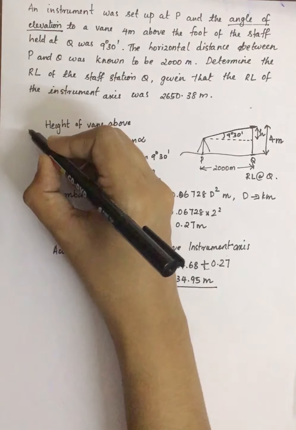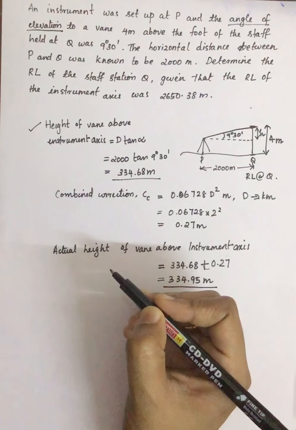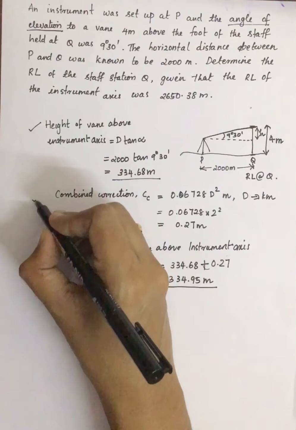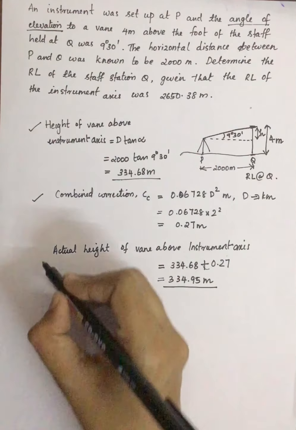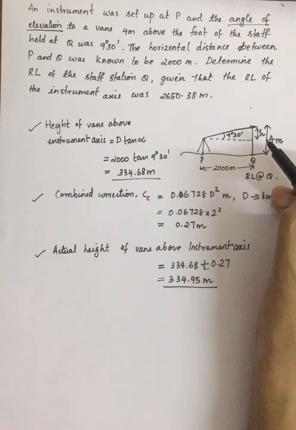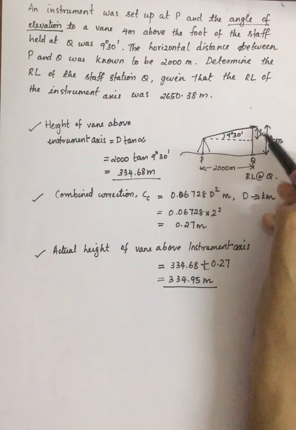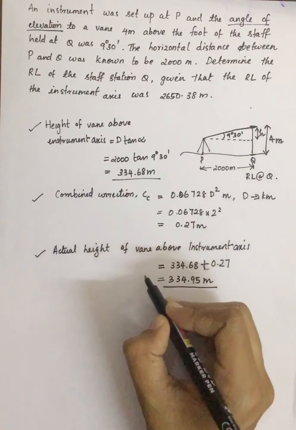So in the first step, calculate the height of vane above instrument axis, apply correction and find the actual height of vane above instrument axis. That is nothing but H, right?